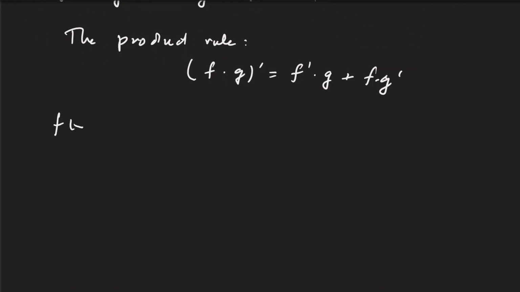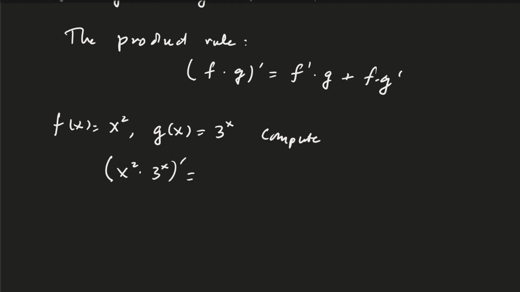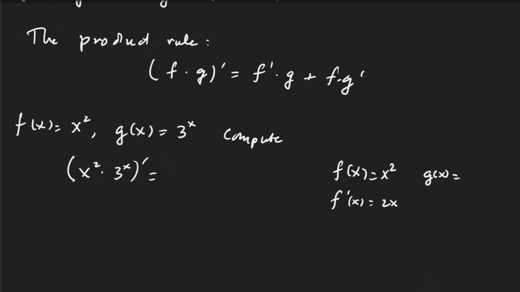Suppose that f of x equals x squared and g of x is 3 to the x, and let's compute the derivative of the product, x squared times 3 to the x, prime. Okay, so one way to do that, you could just build a little table off to the side here. Your f of x is x squared, so f prime of x is 2x, and then g of x is our 3 to the x, and then g prime is 3 to the x natural log of 3.